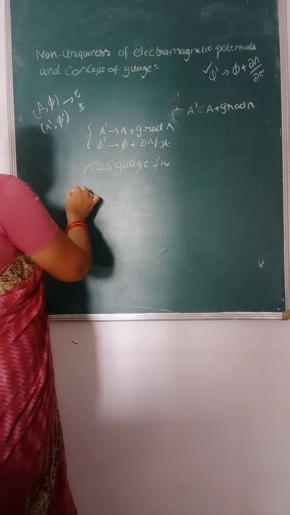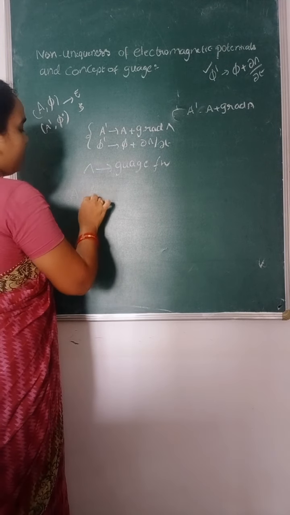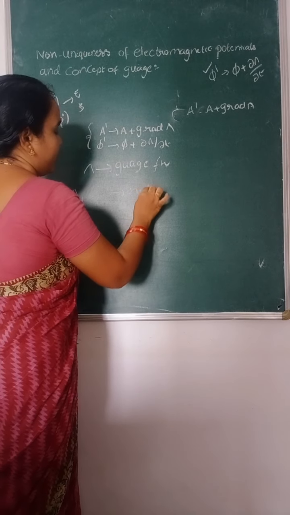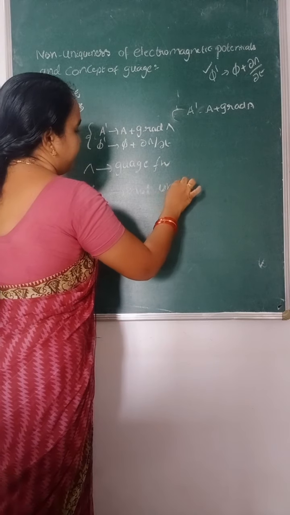Thus we can say that A and phi are not unique, they are different.